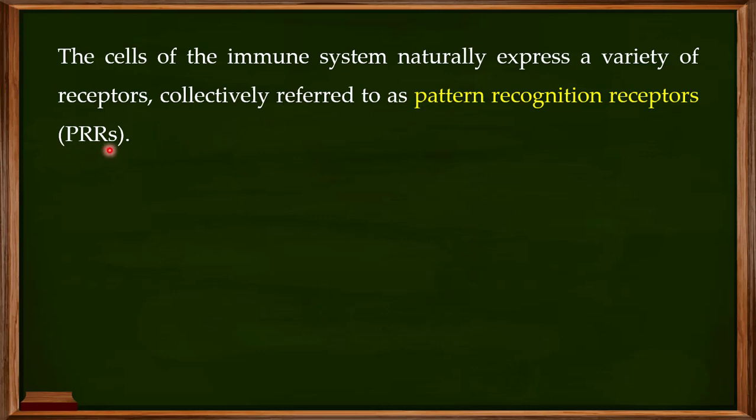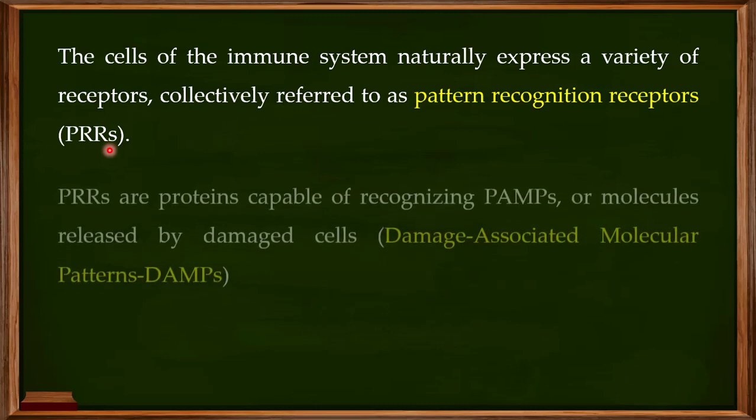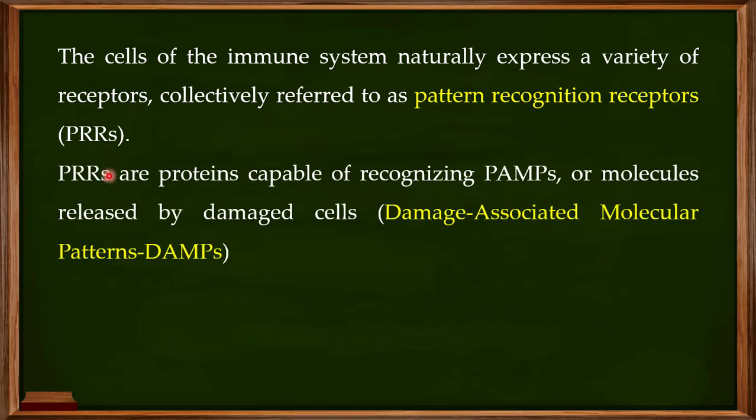So that means there are PAMPs on the pathogens, and there are pattern recognition receptors on the immune cells. These pattern recognition receptors are actually proteins, and they are capable of recognizing the PAMPs or molecules that are released by the damaged cells, which are known as the damage-associated molecular patterns, or for short you can call them the DAMPs.